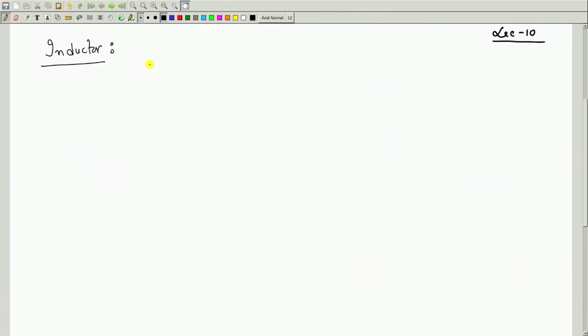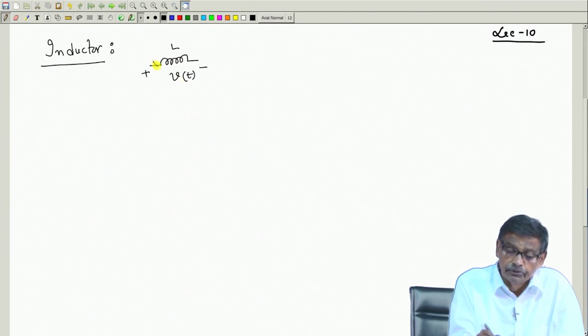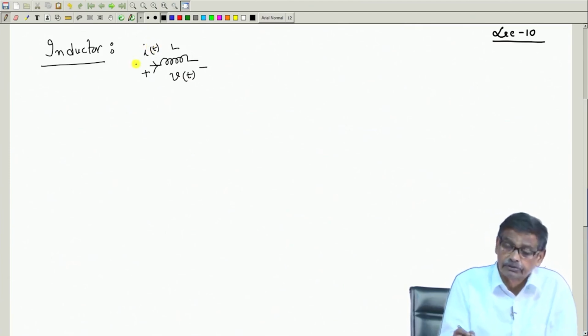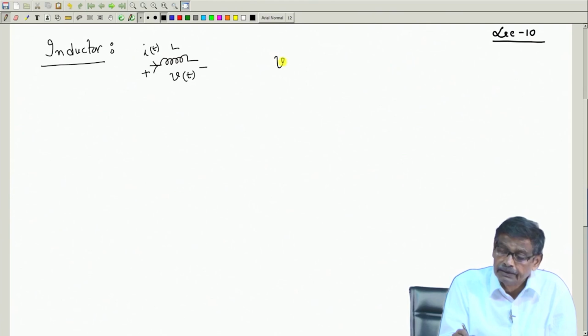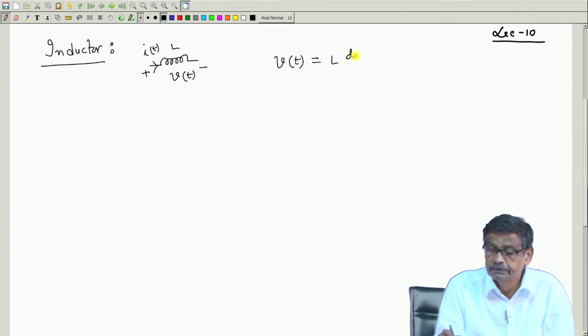I told you that if there is an ideal inductor having no resistance, and you show the voltage applied across it to be V(t), meaning the potential of this point with respect to this is V(t), and you show this current to be I, which is expected to be a function of time also, then the relationship between voltage and current will be L dI/dt.